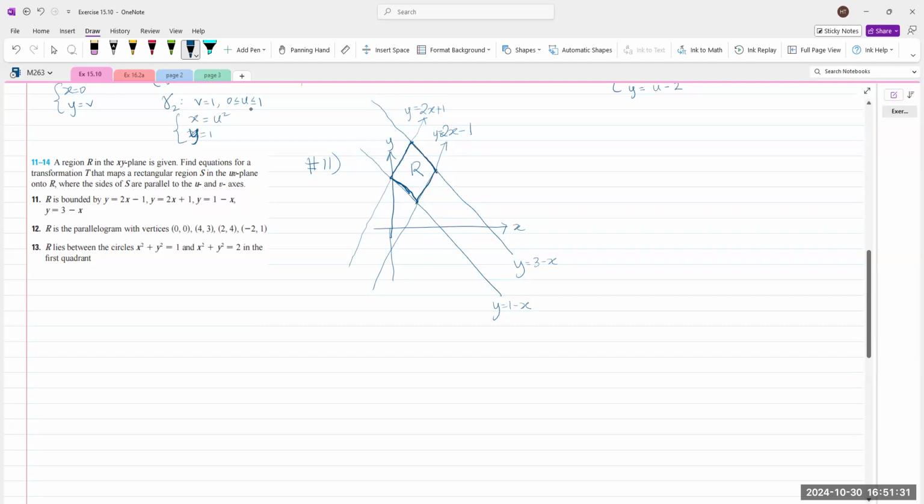Now remember, one of our techniques earlier is to do the transformation from point to point.